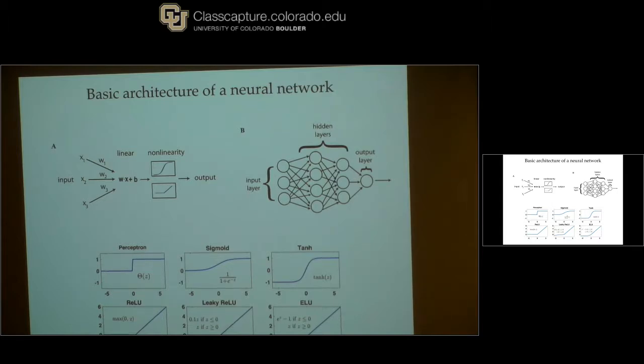And what's done in neural networks is you say, okay, this model of logistic regression is too simple, and I'd like to make it more complicated so it can do more things.